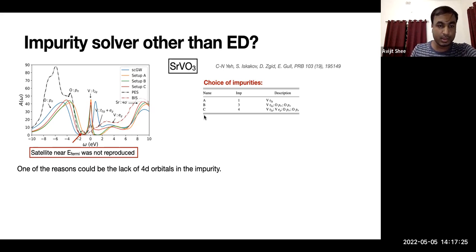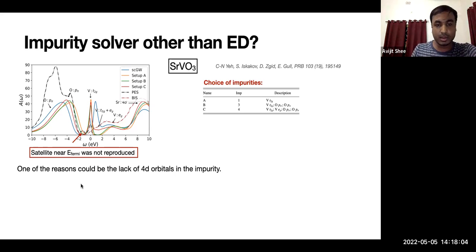of impurities and tried to improve over the self-consistent GW spectra, and they were successful in most part of it, but failed to reproduce a satellite spectra near the Fermi region. Among the various reasons why this cannot be produced, one is that they could not consider some more impurity orbitals in their choice.